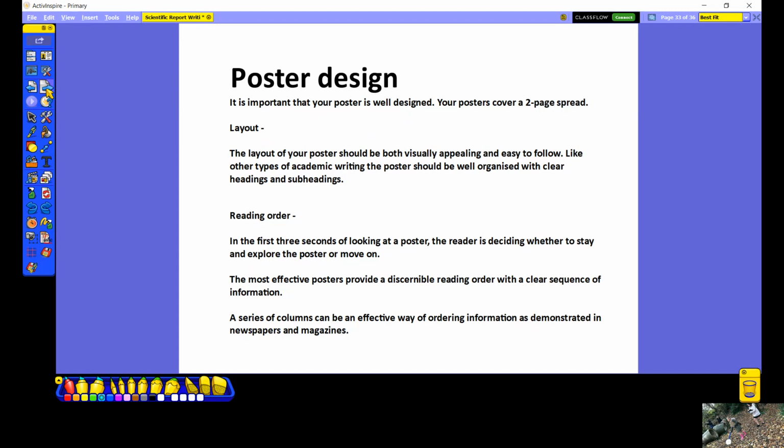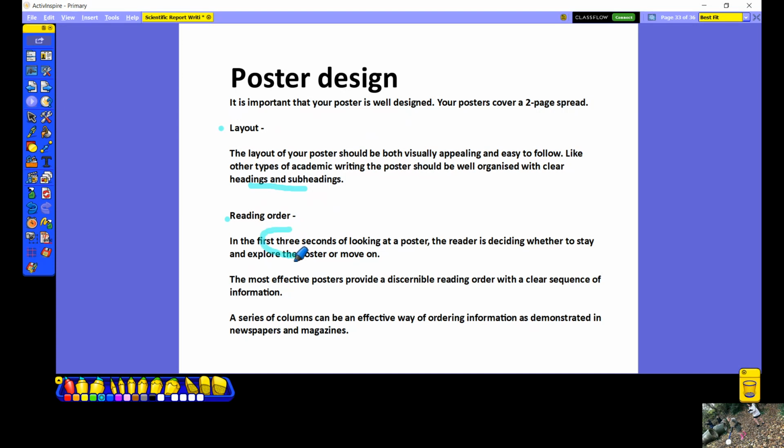So poster design, you can look at this in your own time because I want you to decide which elements you're going to use. So there's a section on layout. Some of the information is familiar to you. The reading order. This is something really important, I think, for you to know.